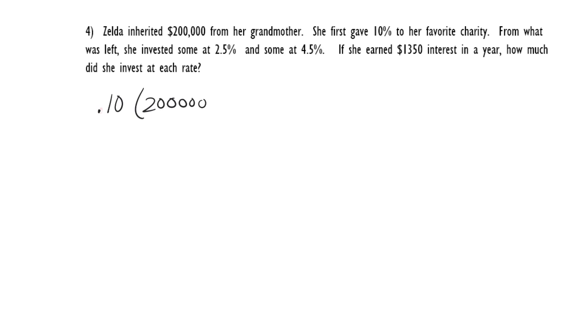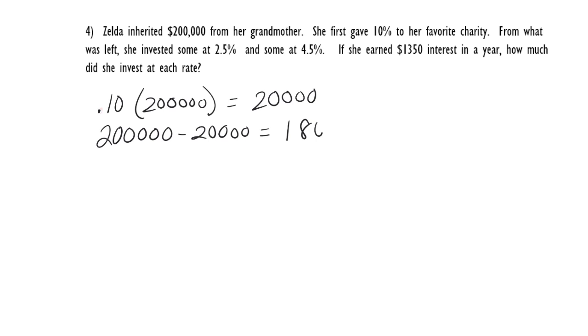Can you do that in your head? Should be 20,000. And so she had 200,000, but she gave 20,000 away. So to see how much is left, she's just going to subtract the 20,000 from the 200,000 that she had. She's left with $180,000. Okay, so this is how much she's going to invest.